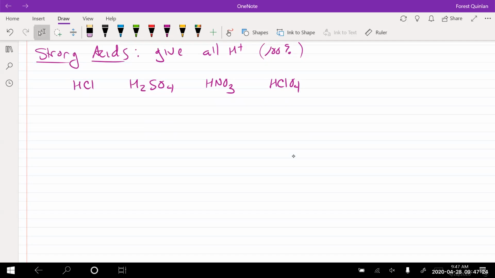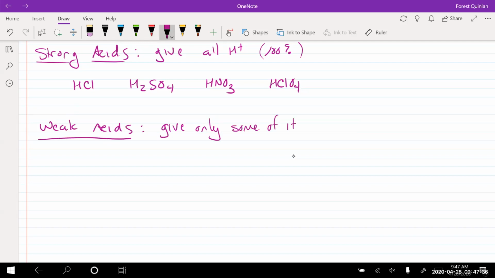Now, looking at weak acids, comparing them to strong acids, these give only some of their H pluses. Now, while the actual equation says, there you go, there are your H's, there's a difference between giving and giving. And so things that are weak acids are things like acetic acid.